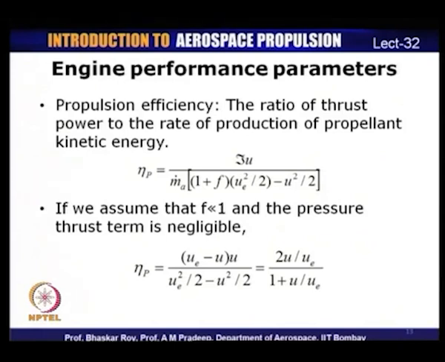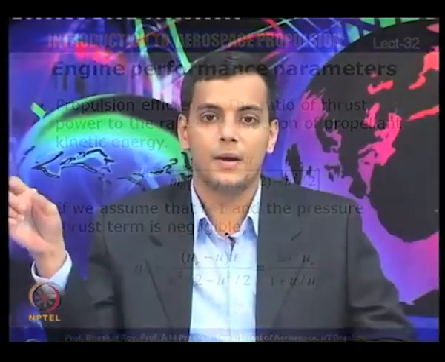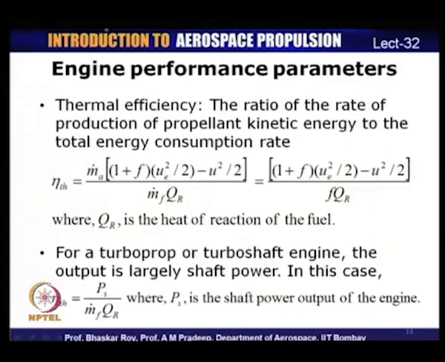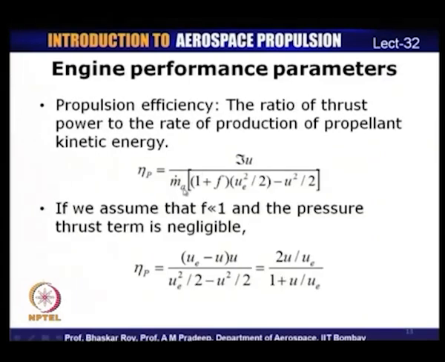So, in the denominator, that is the rate of production of propellant kinetic energy, we have the mass flow rate of air, m dot a, into (1 plus f) u e square by 2 minus u square by 2. Basically, m dot a into u square by 2 is the inlet kinetic energy, and m dot a into f is m dot e, the exit mass flow, into u e square by 2 is the exit kinetic energy.